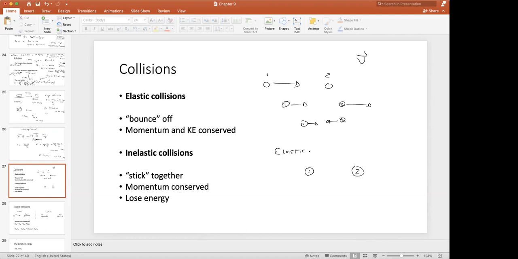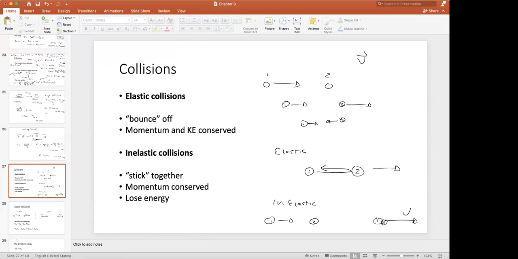In an elastic collision, 1 hits and bounces off, and 2 maybe goes that way depending on how big it is. In inelastic, what happens is mass 1 hits mass 2, and then together they both travel at the same velocity, stuck together, heading off in the direction that mass 1 was originally heading.